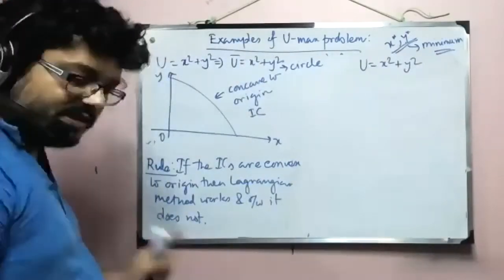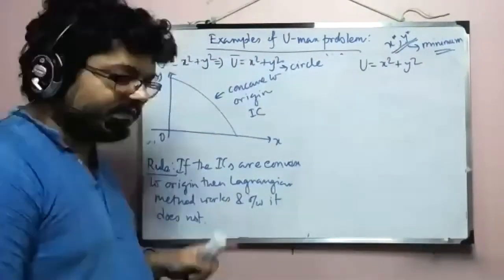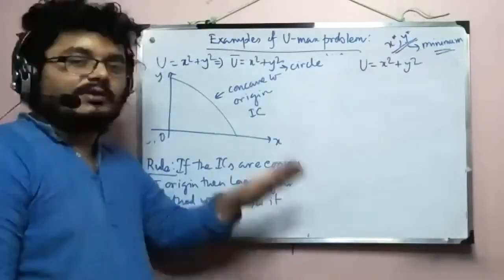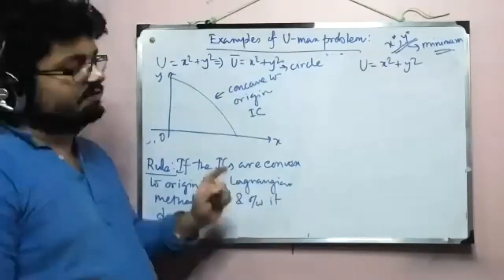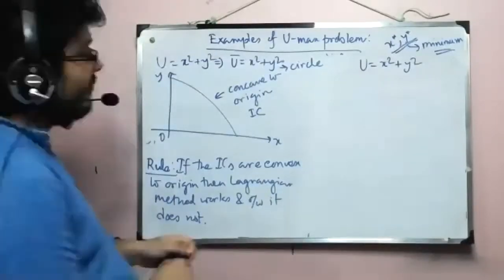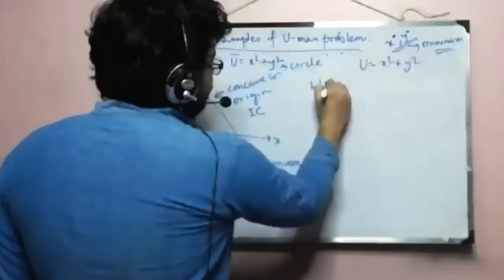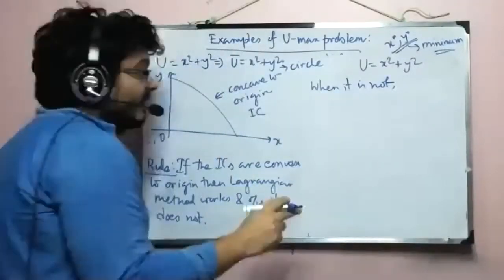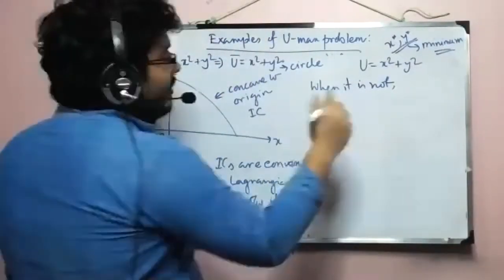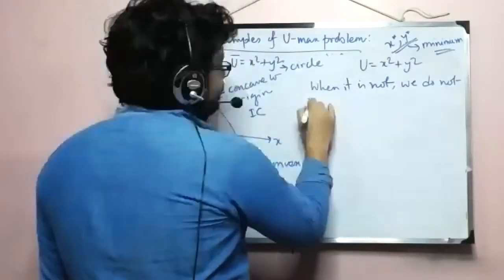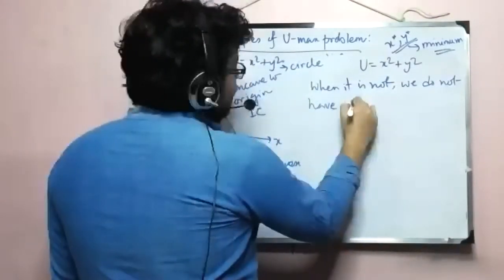Every time you see a utility function, don't blindly apply Lagrange, because Lagrange only works when the shape of the IC is convex to the origin. Okay, so what happens when it is not? Now when it is not, mathematically what is happening is that we do not have an interior solution.